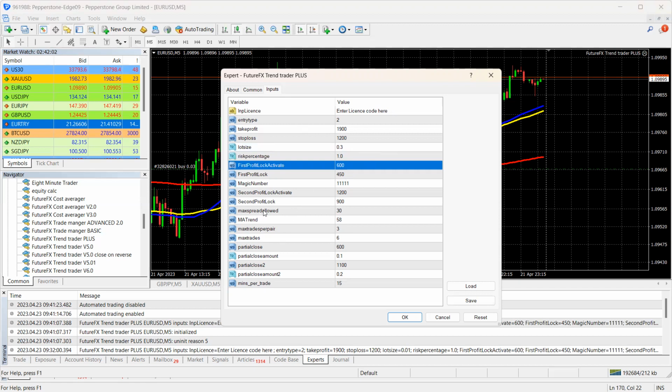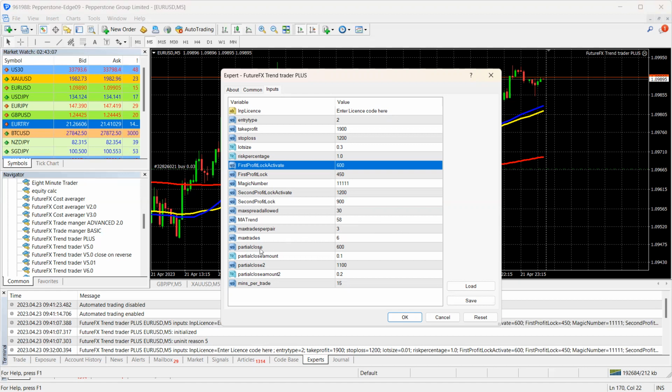The max spread setting, if you have that too low and the actual spread on that instrument is higher than it most of the time, that will stop the software taking out trades. So that's really all that can stop the software taking out trades.